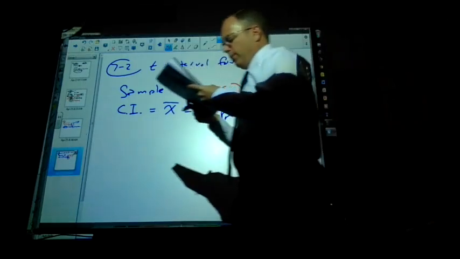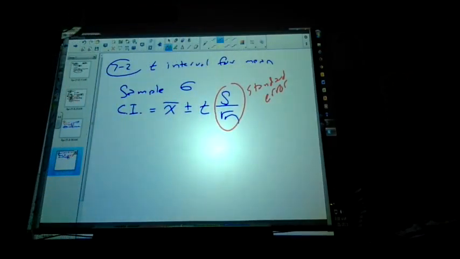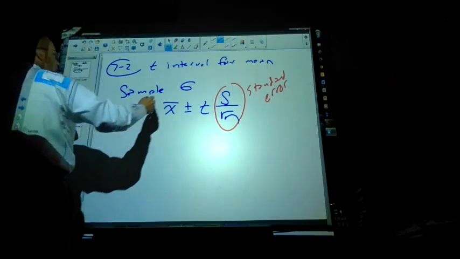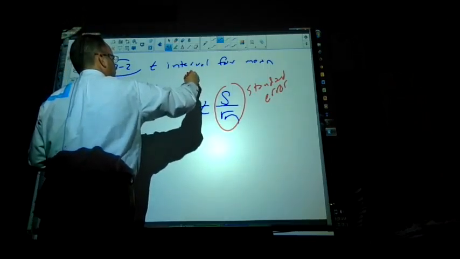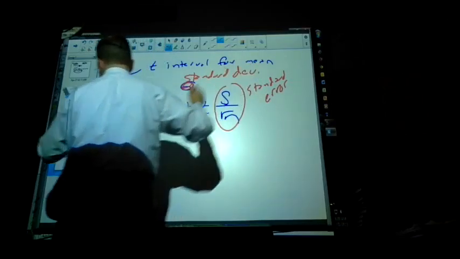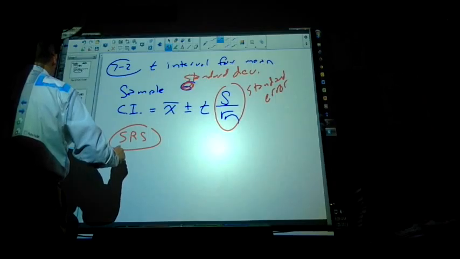And things here. So you have SRS, your population is a little bit different. You're going to use your t-table. So your sample standard deviation. So SRS, simple random sample, yes.